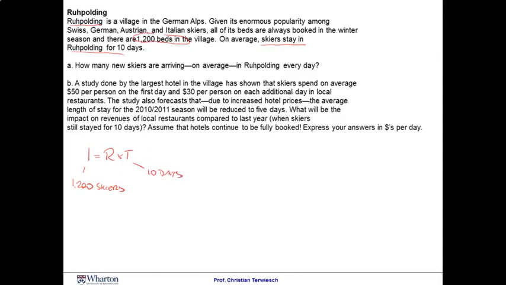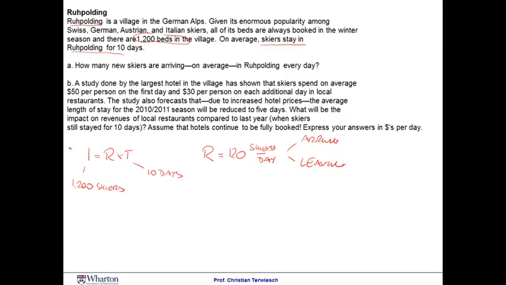Little's Law now tells me that if I solve this equation here for the flow rate R, there are going to be 120 tourists or skiers per day flowing through the village, and that means that 120 are arriving and 120 different skiers, of course, are leaving.